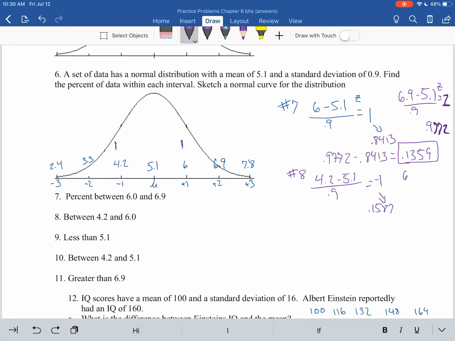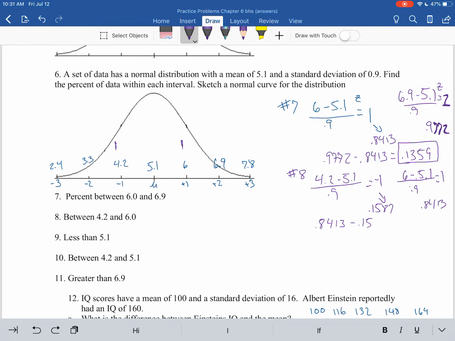Do the next part, 6 minus 5.1 divided by 0.9 equals 1. Well, we already did 1 up top, so we know that's 0.8413. Remember, if you do it once and you know you did it right, don't waste time going back and looking. Use the information that's already been given to you.